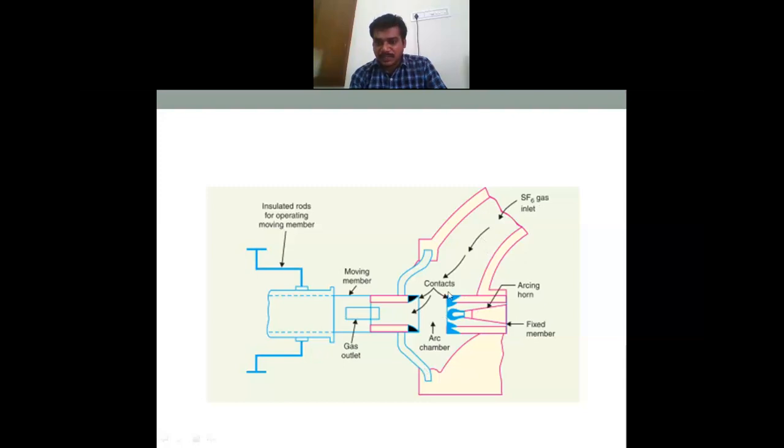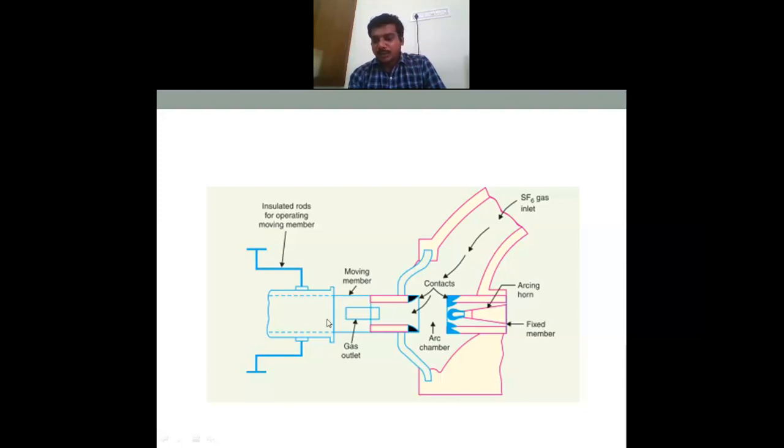So we are forcing the SF6 gas into the arc chamber. This is the fixed contact and this is the moving contact. The gas also has an option to enter into the moving contact hole. This fixed chamber has the arcing horn present at the fixed contact.